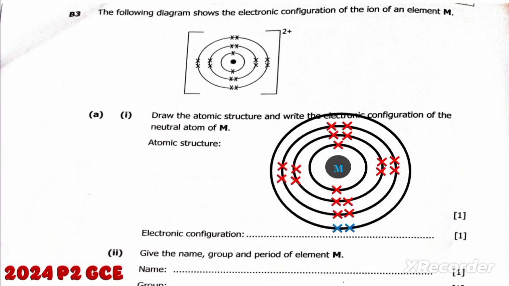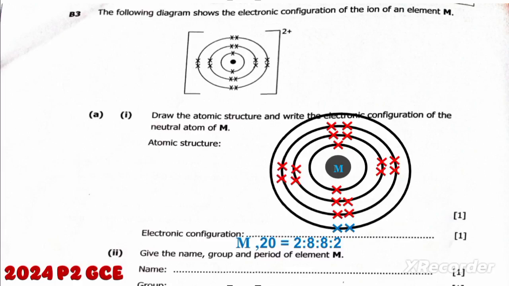As we can see, we have successfully managed to come up with the electronic structure of the neutral atom of M. And the electronic configuration of the neutral atom of M is 2, 8, 8, 2.